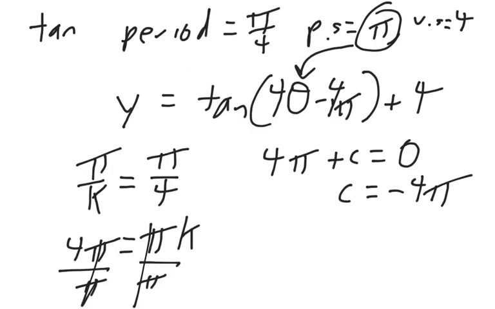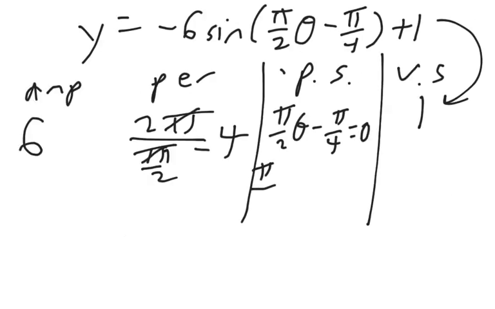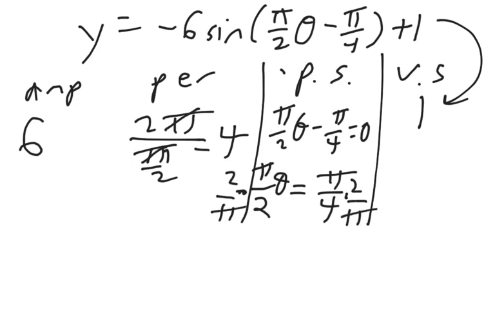So pi over 2 theta equals pi over 4. Multiply by 2 over pi. Pi's cancel. 2 over 4 is 1/2.